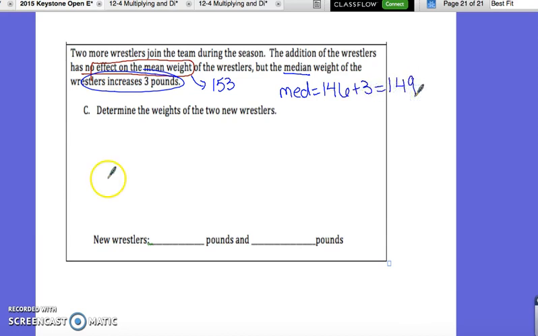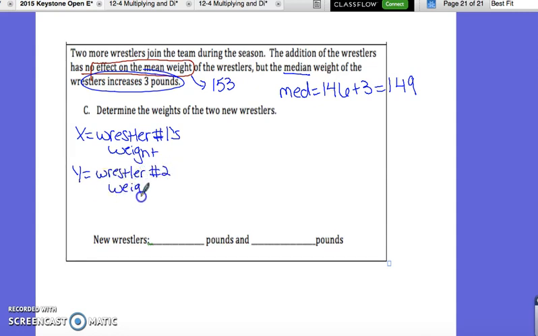So I went ahead and I let X equal wrestler number 1's weight and Y equal wrestler number 2's weight. So I know that the mean didn't change.